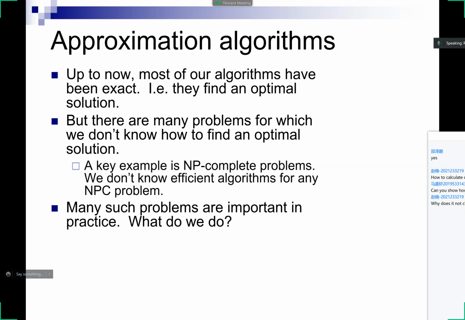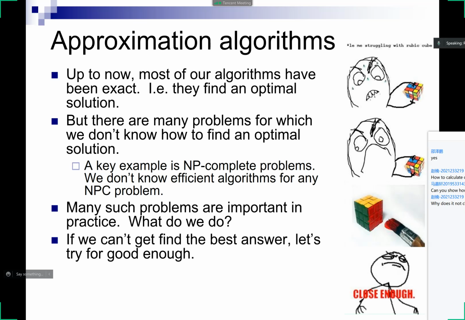So the question is, what do you do? You have this important problem that you need to solve, but you don't have an efficient algorithm. Well, one thing that we talked about is that maybe you can consider special cases of this problem. And the special cases might be easier to solve than the general case. We talked about some of those algorithms in a previous lecture.